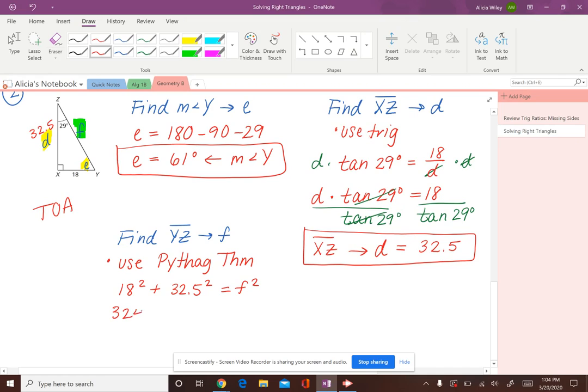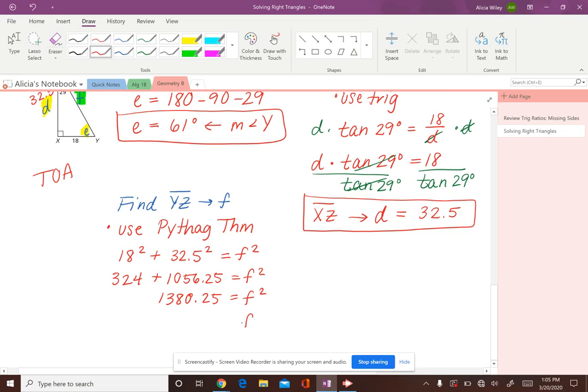This is 324 for 18 squared. For 32.5 squared, you should have got, it's a pretty big number, 1056.25. Add it to the other value that you got, which was 324, and you get 1380.25, and then you want to make sure to square root that so that you know what F equals.